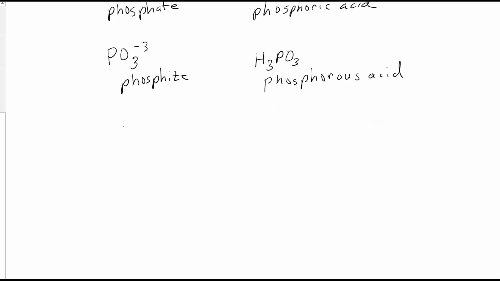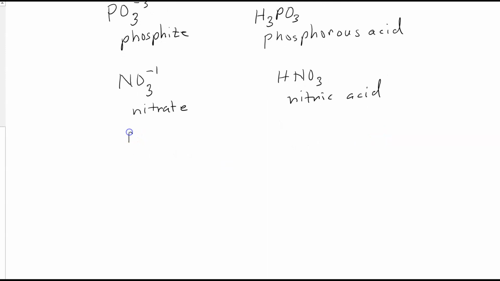The other one that is very common is NO3 with a -1. This is nitrate ion. And of course we have HNO3, which would be nitric acid. And then of course we have NO2 with a -1.